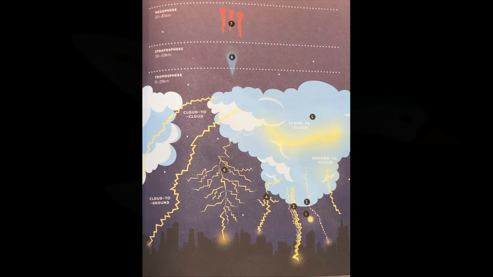The second type is pearl necklace lightning, a rare form also termed chain lightning or beaded lightning, in which variations of brightness along the discharge path, the path the lightning takes coming down from the cloud, give rise to a momentary appearance similar to pearls on a string.